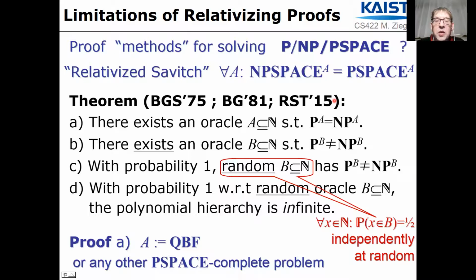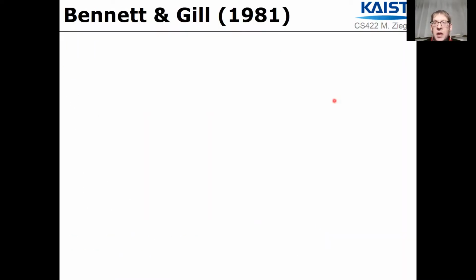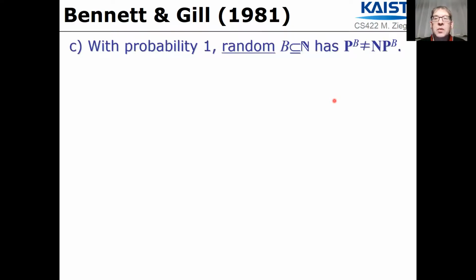Very recently. We're not going to prove that. We're going to prove item C, and then we're going to conclude this chapter 5 and end with a quiz. So please stay tuned as I present to you a streamlined version of the proof of Bennett and Gill. So here's, for your convenience, again, a reminder of the statement itself.